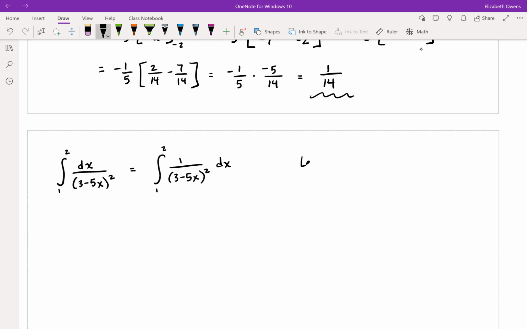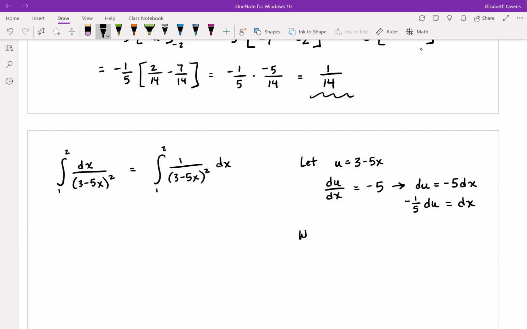And since we just did this one, we kind of know what u is going to need to be. And we're still going to get that same differential, du equals -5 dx. And I would still convert this so that I can see what dx is. That way I can replace it more easily.